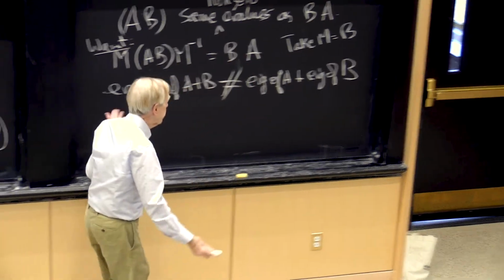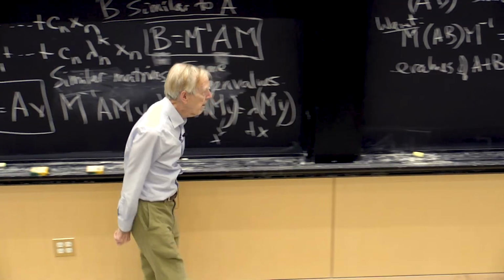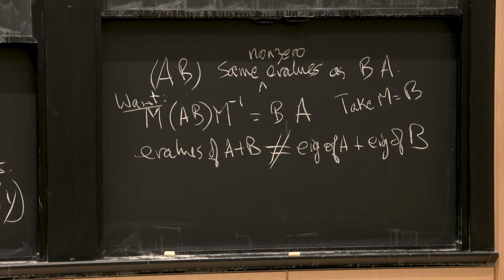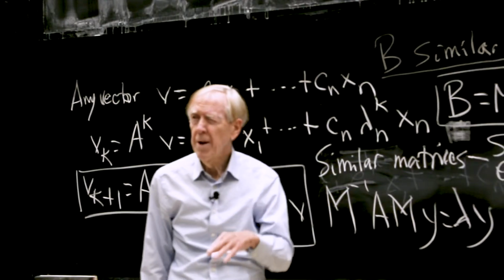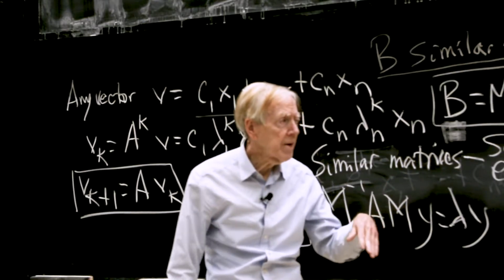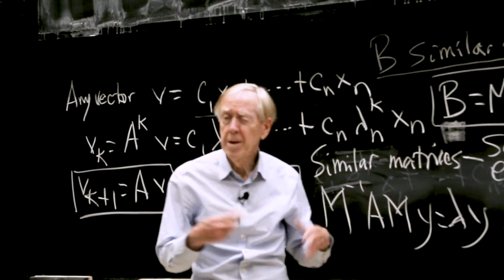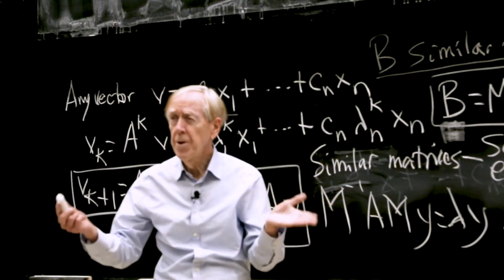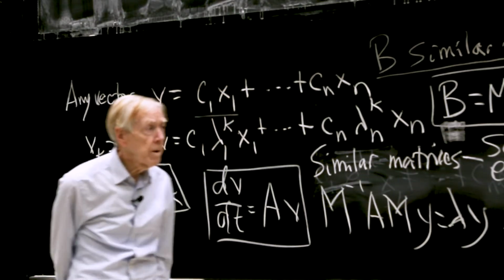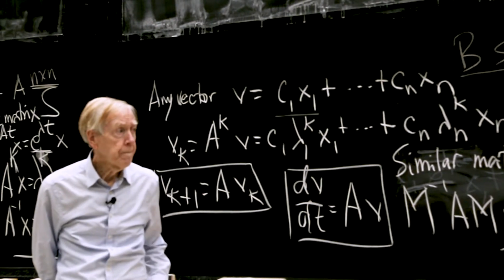Generally not. There's just no reason, and the reason I get that no answer is that the eigenvectors can be all different. If the eigenvectors for A are totally different from the eigenvectors for B, then A plus B will probably have some other totally different eigenvectors, and there's nothing happening there.